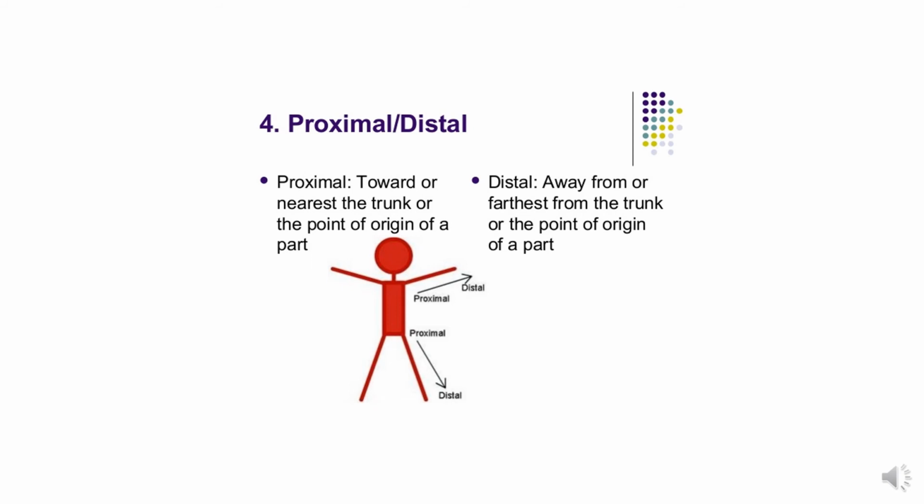Proximal means towards or nearest the trunk or the point of origin of a part, while distal means away from or farthest from the trunk or the point of origin of a part. So in limbs, the fingers are distal to the arm, or the wrist joint is distal to the elbow joint, or the elbow joint is proximal to the wrist joint.